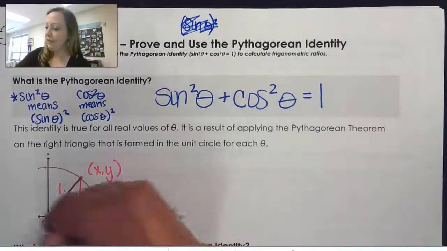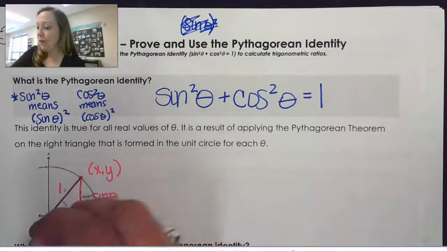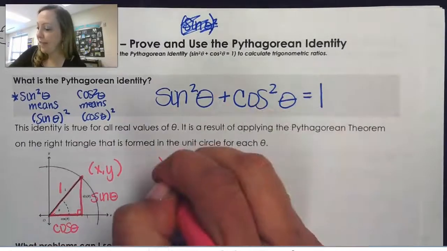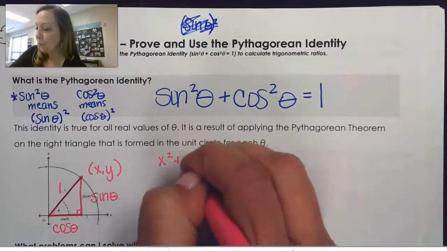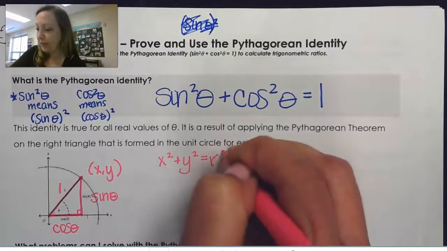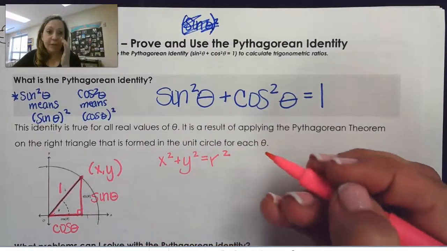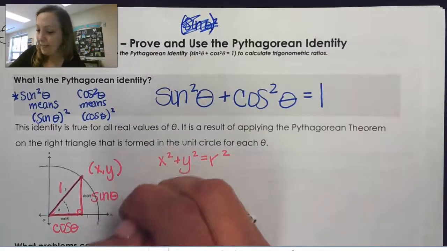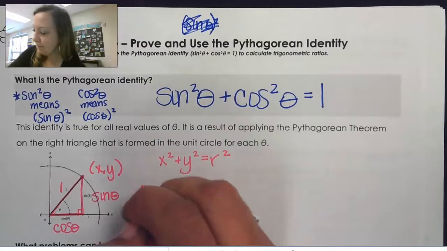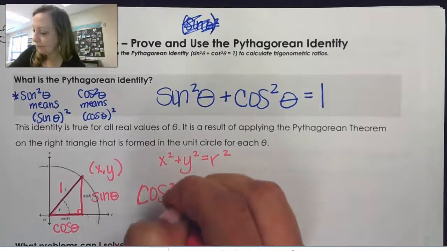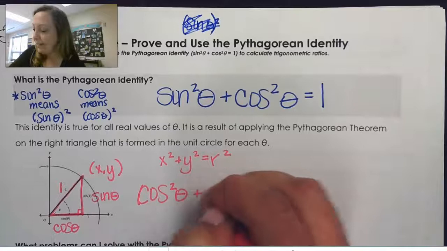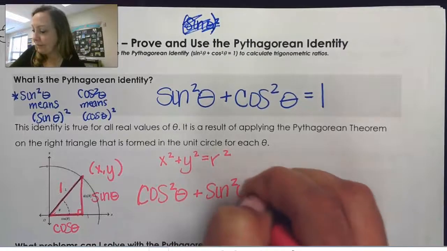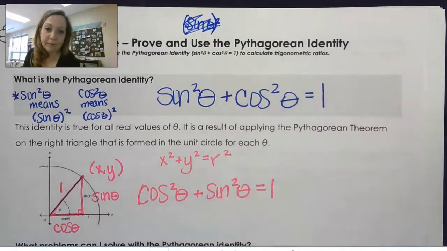So when we think about using what we know about that right triangle, that x squared plus y squared equals r squared, on the unit circle, we know that x is the same as cosine, y is the same as sine, and r is 1.